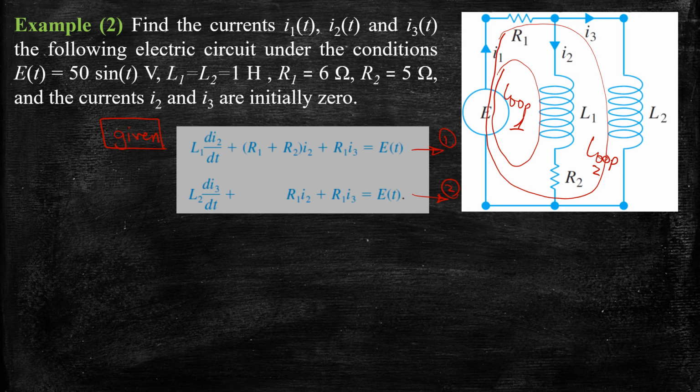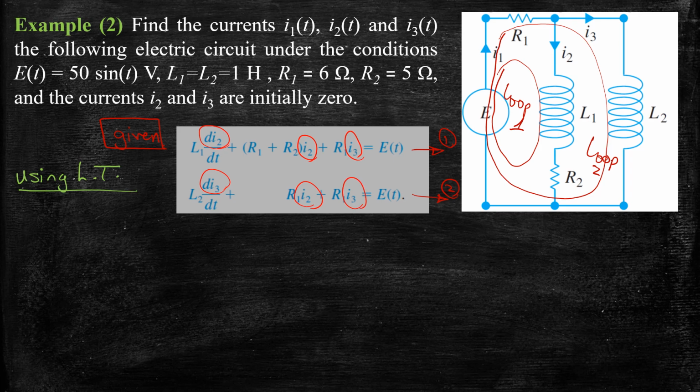We can think about it the same way we did with the previous example. We can solve using Laplace transform, and then we'll end up with two equations between these parameters, I2 and I3, in the S domain.